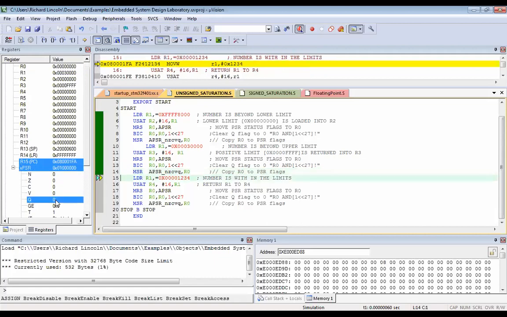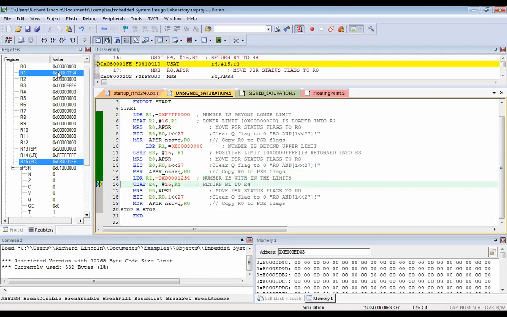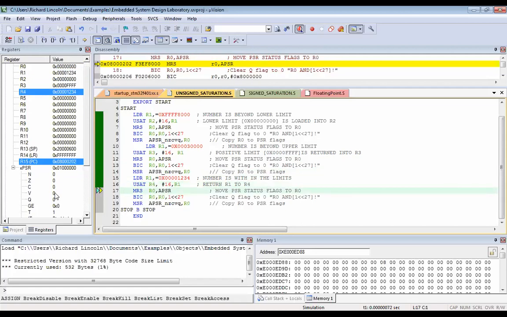Q is made 0, and then I take one number between the limits, 1 2 3 4, and then I shift it. Then I use the instruction to transfer R1 to R4. So you can see that the lower 16 bits are transferred to R4. Q remains 0 because it has not reached its upper limit or lower limit.